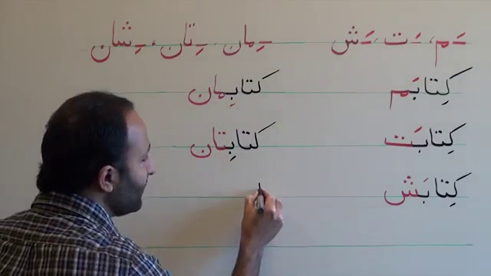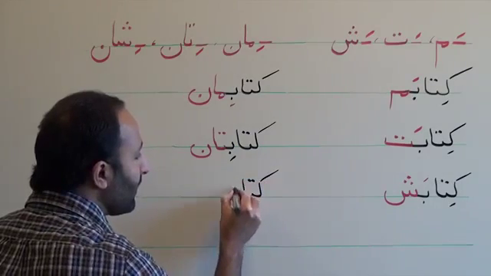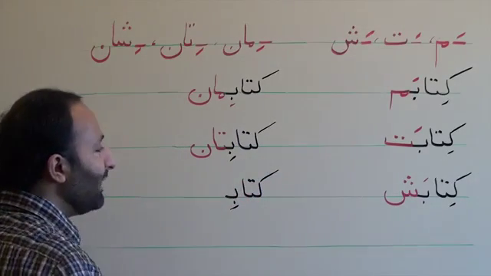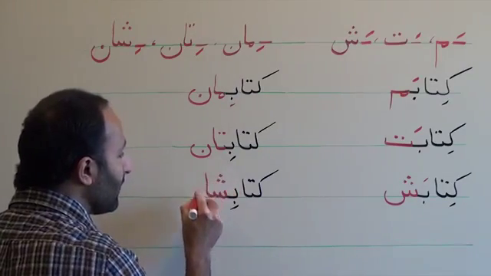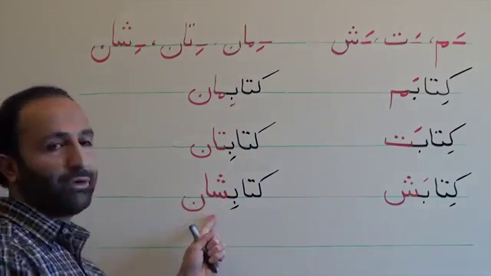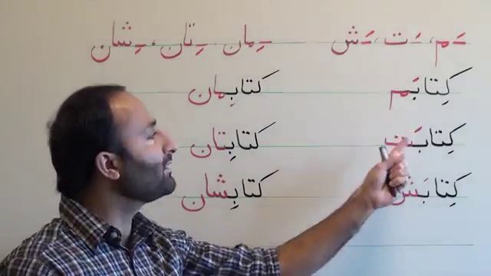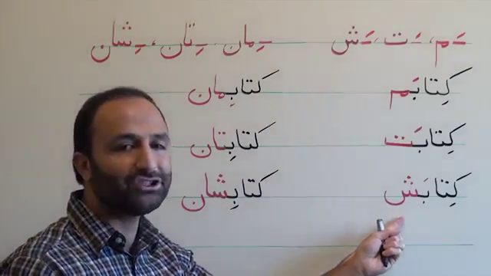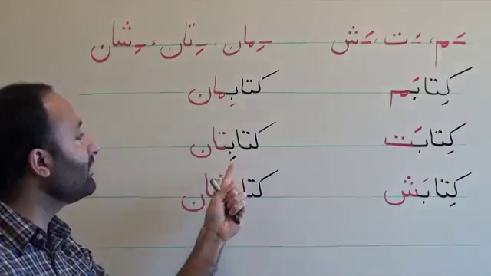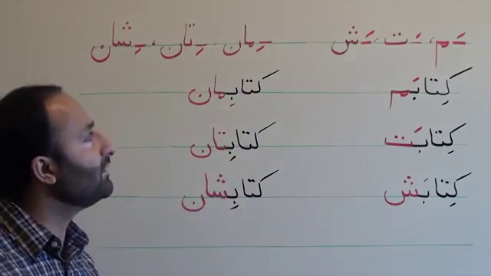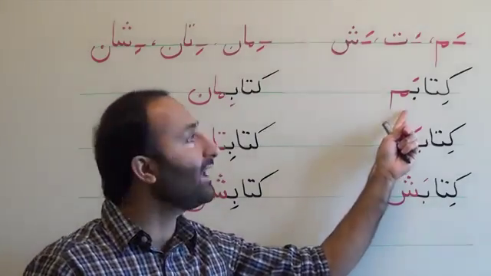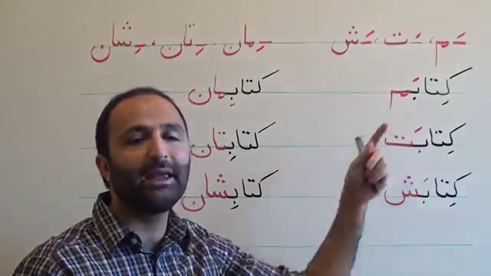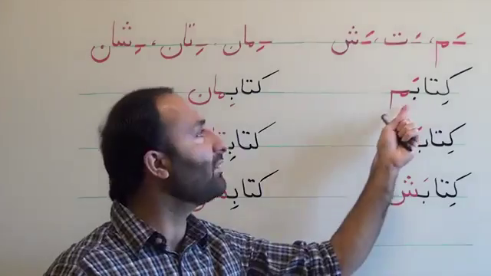And the last one, kitabeshan, their book. Kitabam, kitabat, kitabash. Kitabeman, kitabetan, kitabeshan. So these personal endings, whenever they are attached to a noun, make that noun a possessive.